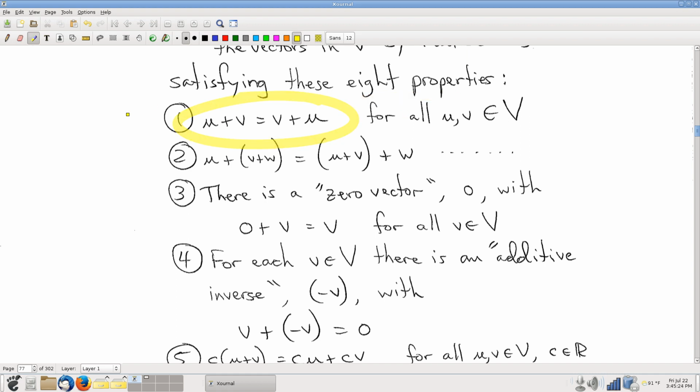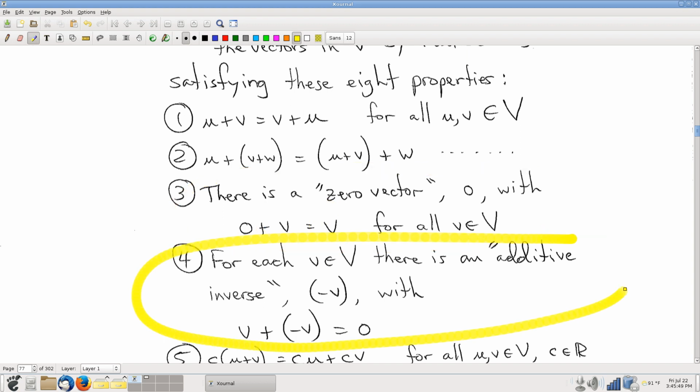The addition has to be commutative. The addition has to be associative. There has to be a zero vector. You might call this an additive identity. There needs to be something that no matter what I add it to, I get exactly the same thing back. In other words, as far as addition goes, it's behaving kind of like the zero would.